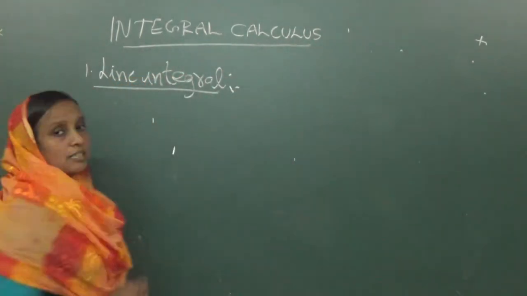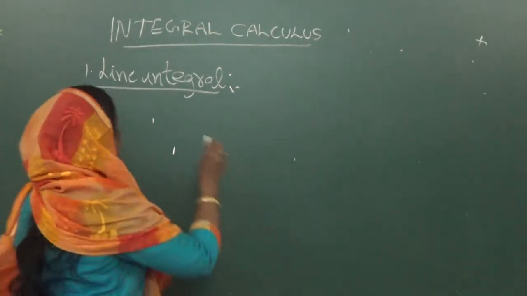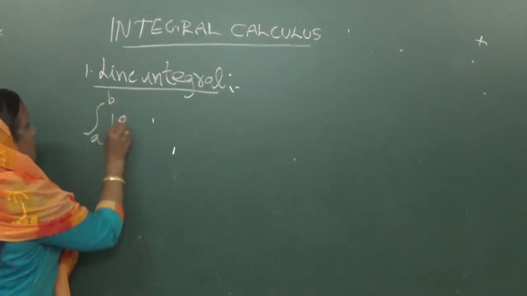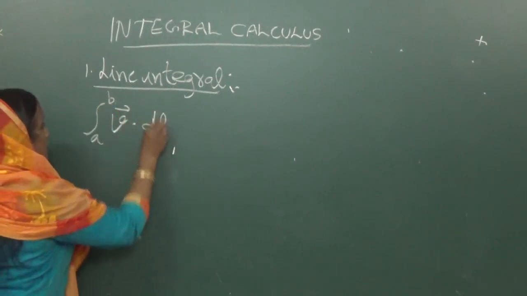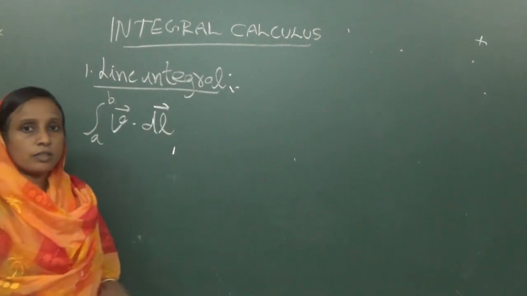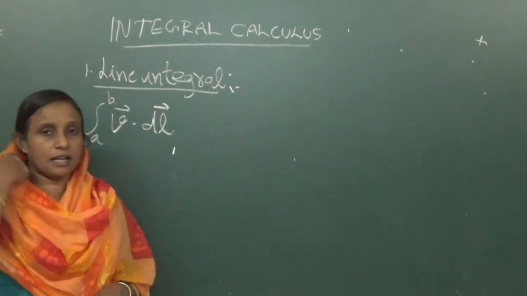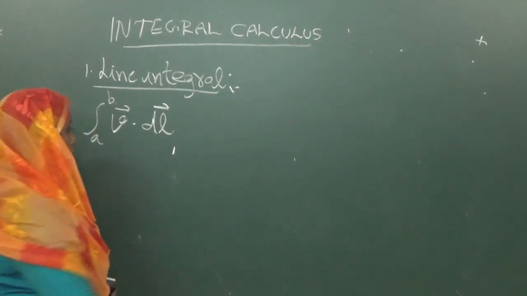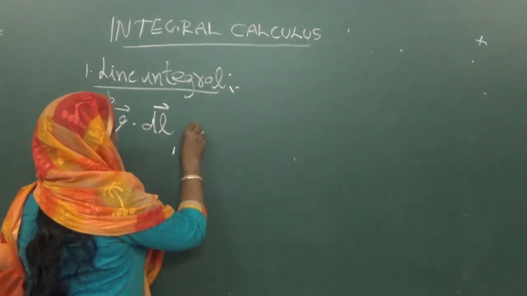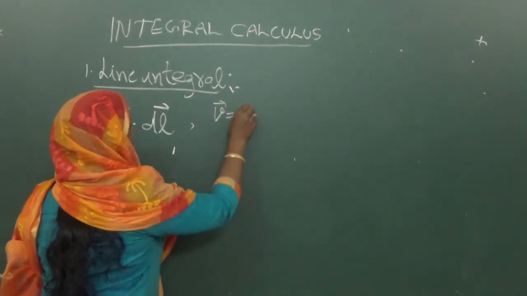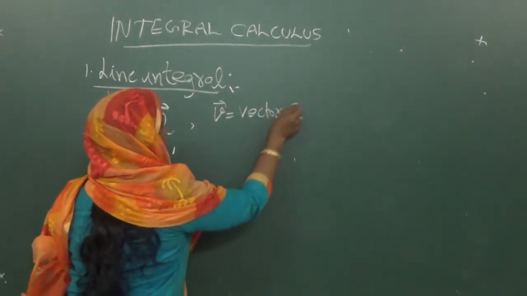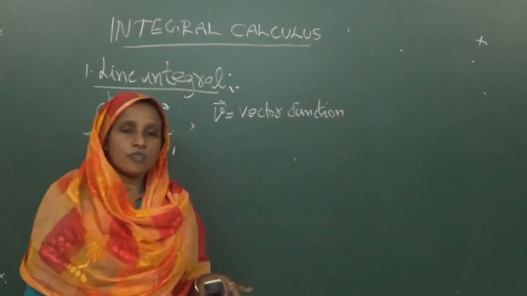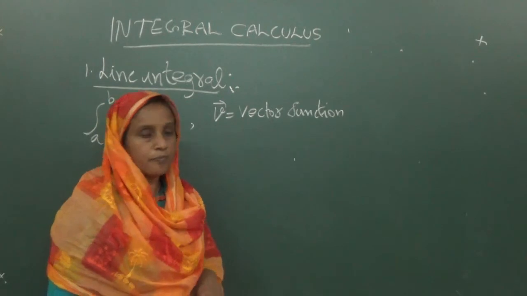So here we define the line integral as the integral from a to b of vector v dot dl. This is the definition of the line integral, which runs from a to b. Here vector v is a vector function.